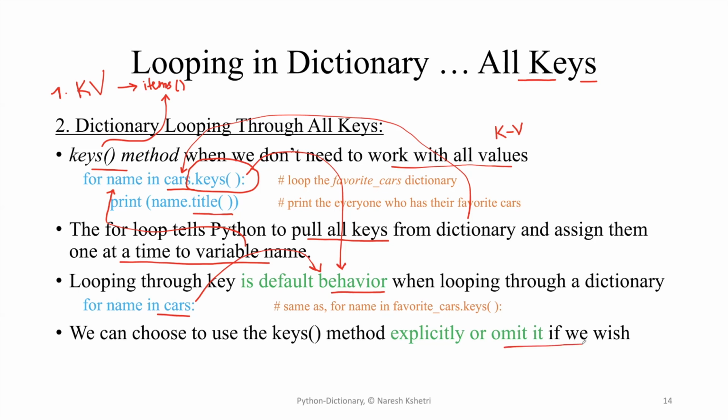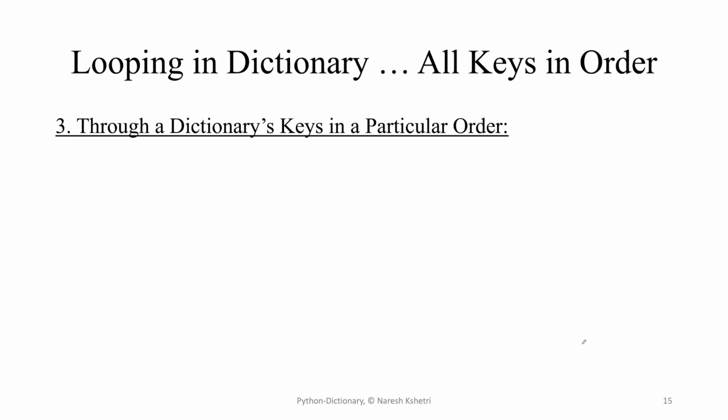We will see the program implementation and how that works. Before that, we'll go through one more: dictionary looping through the keys, but in a particular order. The first one went through the key-value pairs, the second one went via keys only, but the third one goes through the keys arranged in a particular order.